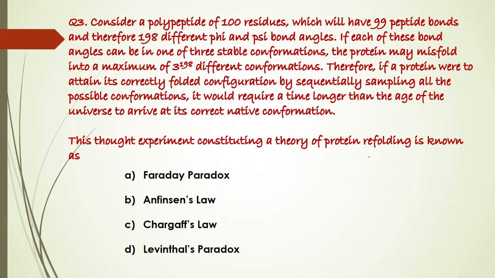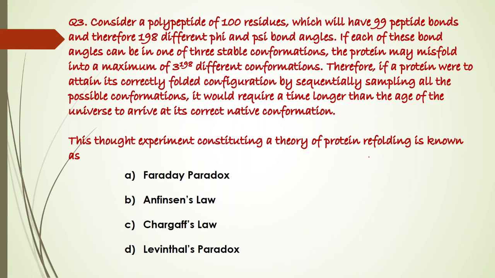Therefore they will have 198 different phi and psi bond angles. Around each peptide bond there will be two angles, one phi and one psi. So overall there will be 198 different angles.